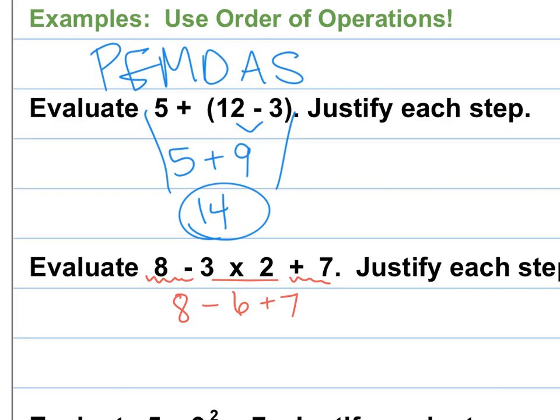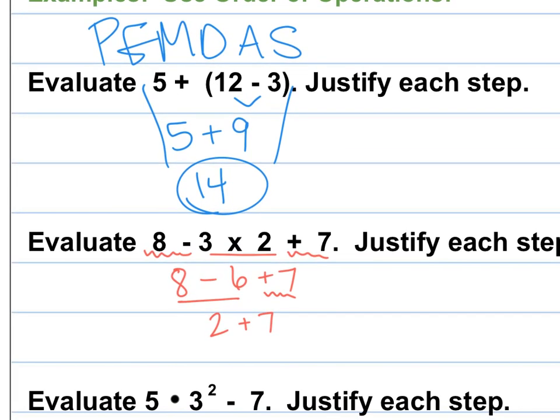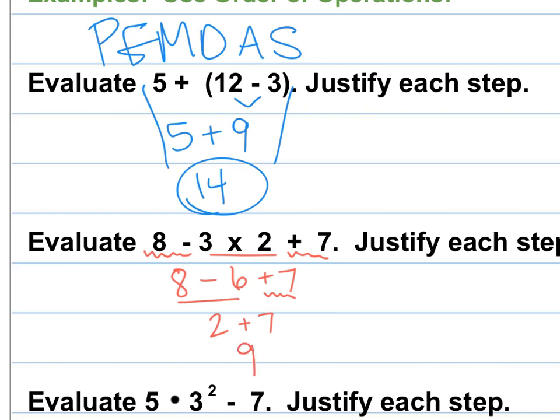Now it's addition and subtraction, but for addition and subtraction, remember we work left to right, like how you would read a book. So the part that shows up first is my subtraction here. So 8 minus 6 is 2. Carry down the rest of the problem that hasn't been used yet. 2 plus 7, which equals 9. So my final answer is 9. Again, notice it's working down in a funnel. I'm showing every single step, everything that I'm doing, showing all of my work.